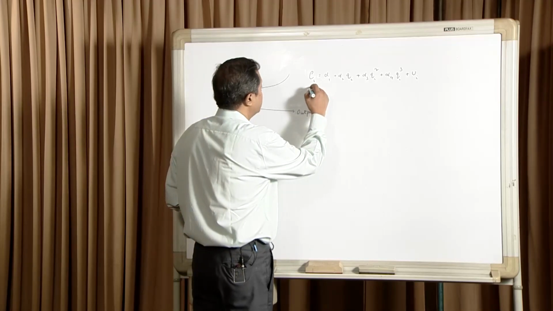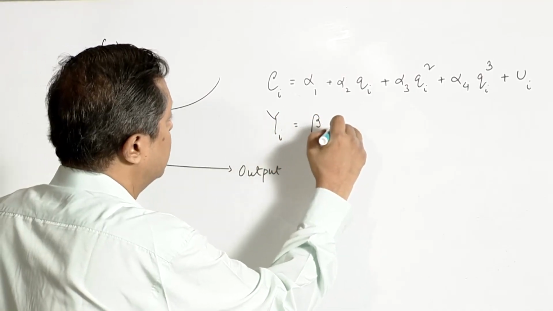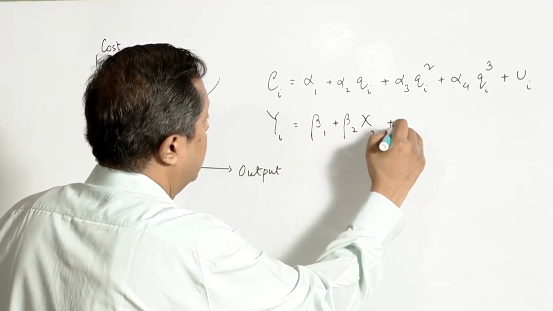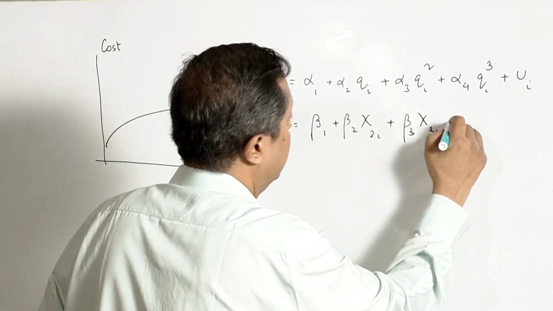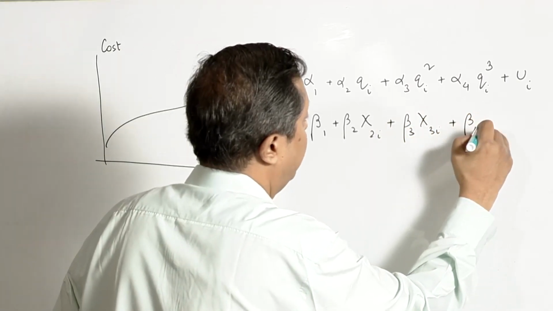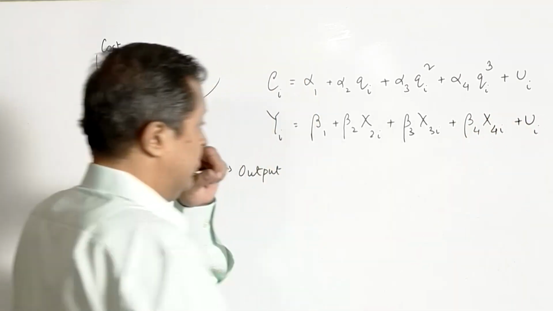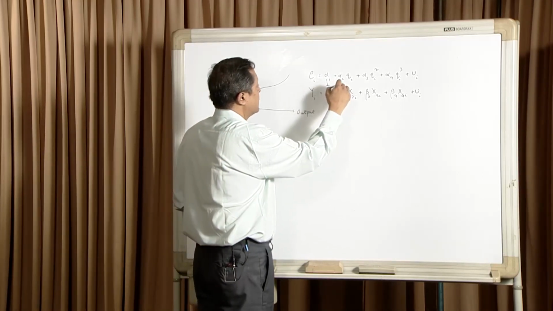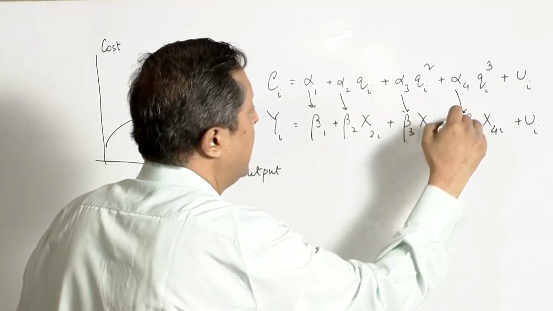So, we can represent this as y i is equal to beta 1 plus beta 2 x 2i plus beta 3 x 3i plus beta 4 x 4i plus ui. So, that means these alpha parameters are now shown as beta parameters.